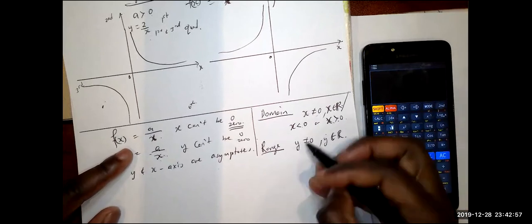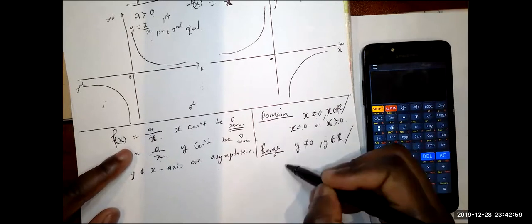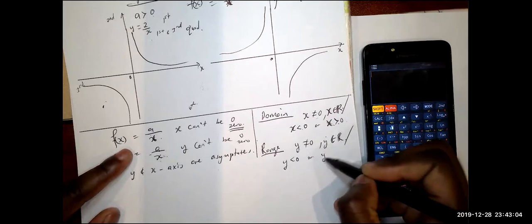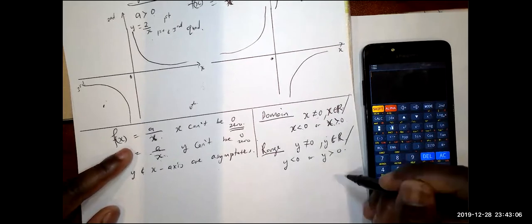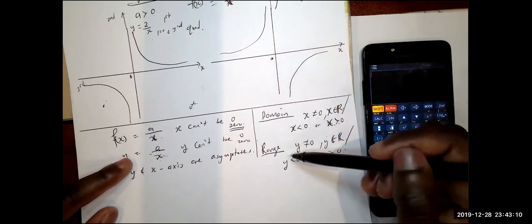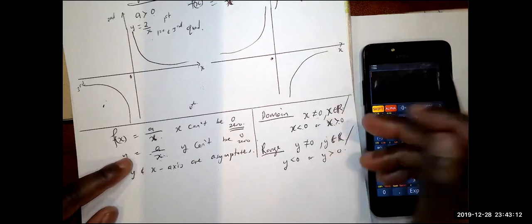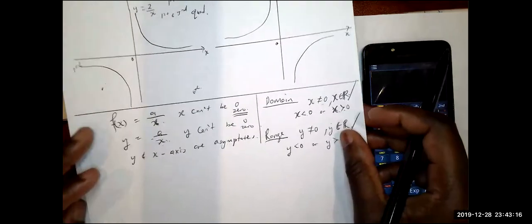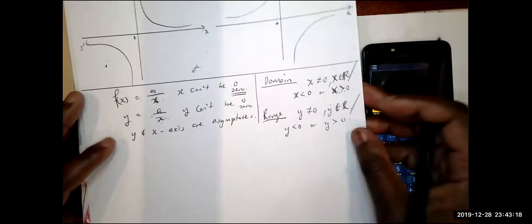Or you can say y is less than 0 or y is greater than 0. That satisfies your general, standard equation. So that's basically what we have with the original standard equation.